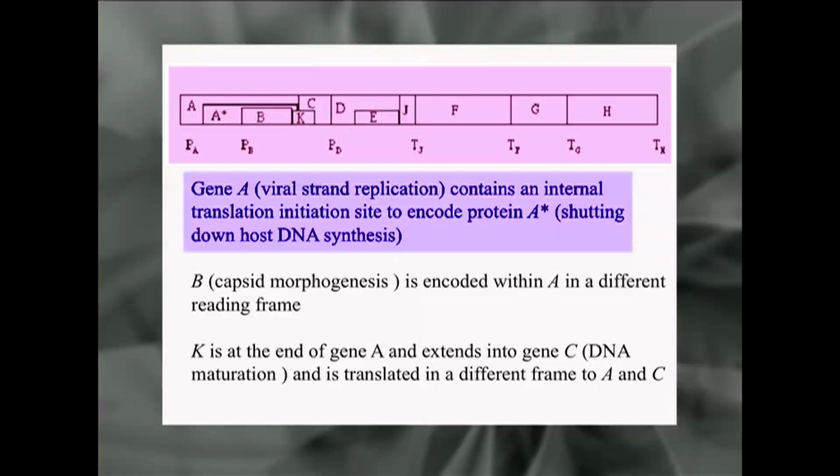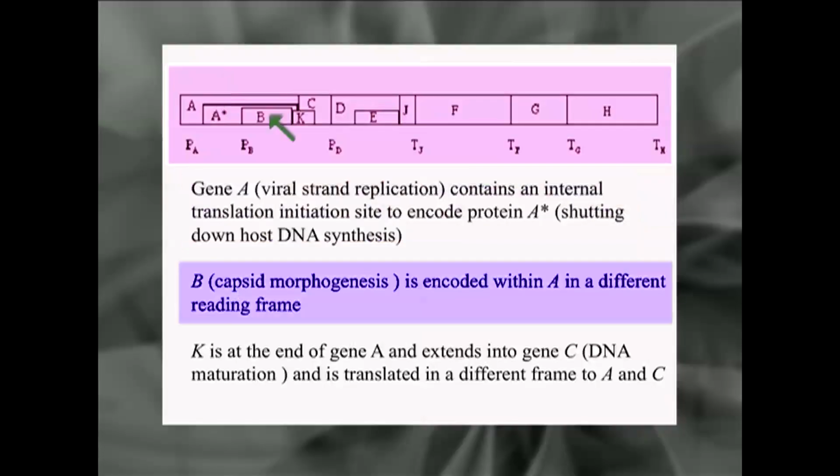If we linearize the genome, then we can see that gene A contains an internal translation initiation site to encode gene A star. Gene A product is required for viral DNA replication, whereas gene A star is required to shut down the host cell DNA synthesis. Also, the B gene is encoded within A, but in a different reading frame.